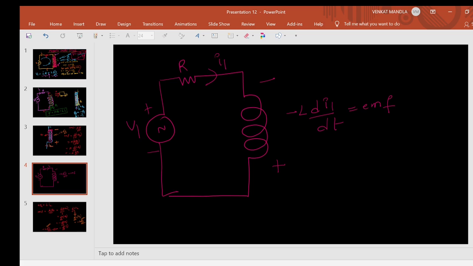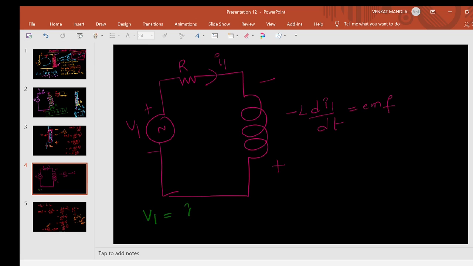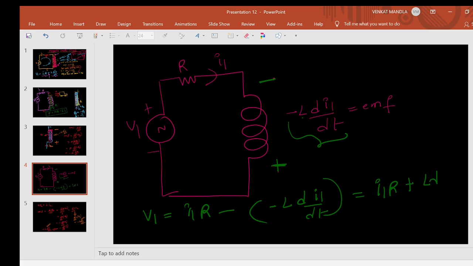Now write the KVL equation. V1 equals I1 into R, and here there is a negative terminal. This is the positive terminal, this is negative. So minus of the voltage here, minus L dI1 by dt, equals I1 into R plus L dI1 by dt. That is why while writing KVL here we get a positive sign.